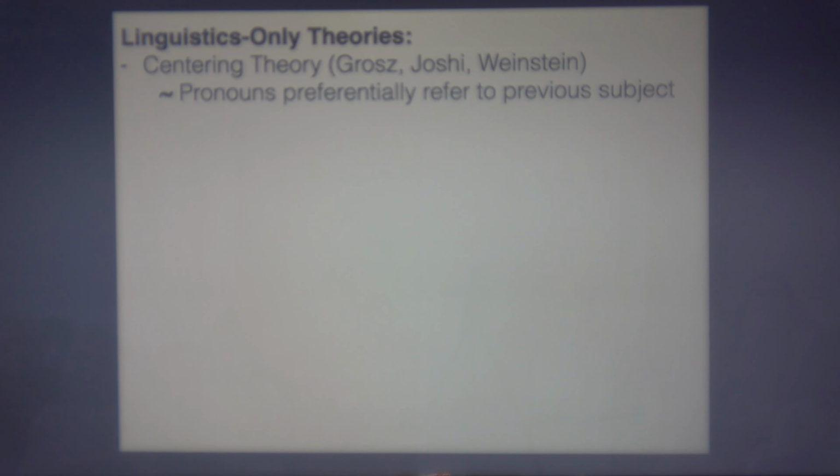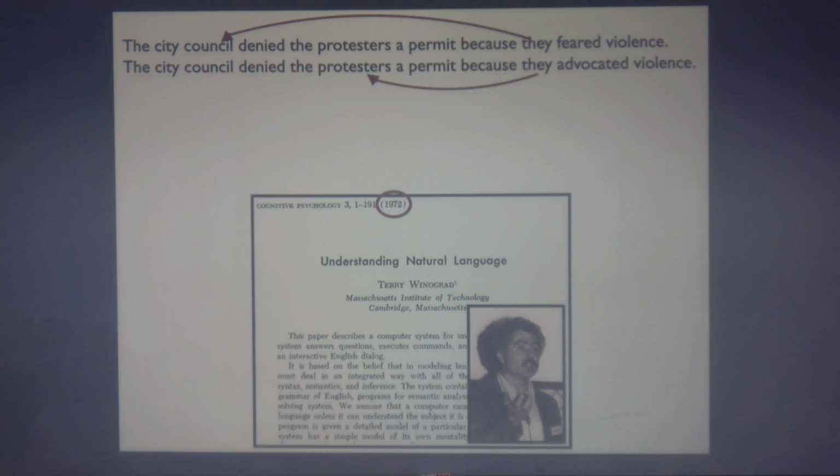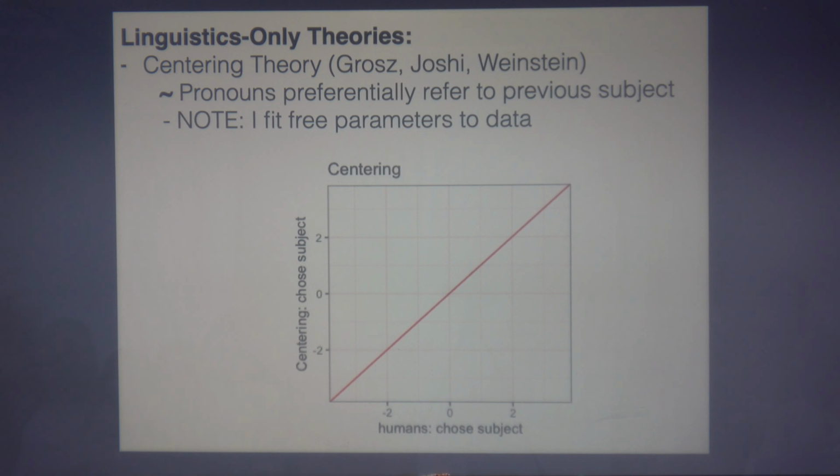In most cases, that's what it ends up meaning, which you'll notice fails horrifically on Winograd Schema. This is how the Winograd Schema are designed. And actually, the state-of-the-art pronoun reference resolution system back in the early 2000s was well below chance on a two alternative forced choice because it actually just used centering theory.